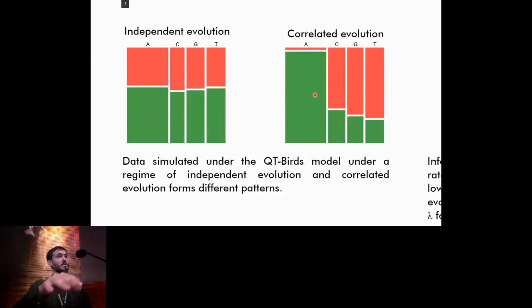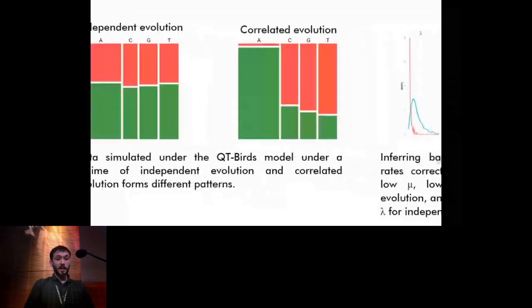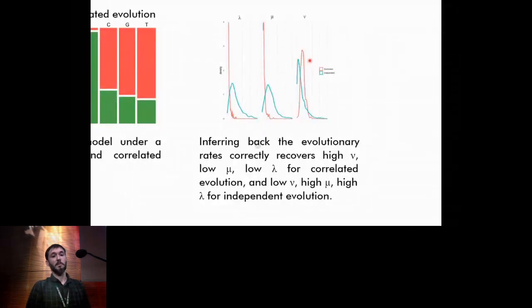And then if I use the simulated data and infer back the rates, you do recover this elevated joint rate, which would be a signal of correlated evolution.